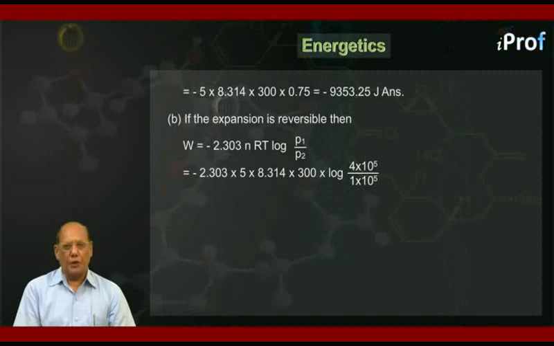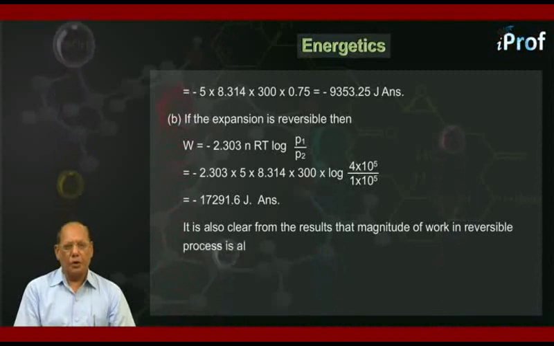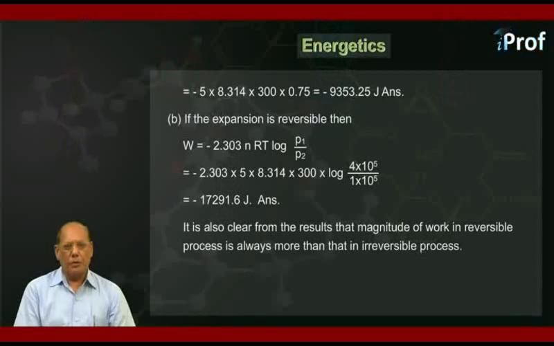That on calculation gives the value of W equal to minus 17,291.6 joules. That becomes another answer. It is also clear from the results that magnitude of work in reversible process is always more than that in irreversible process.